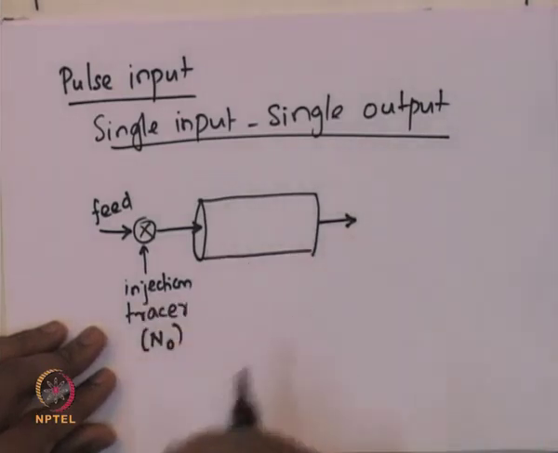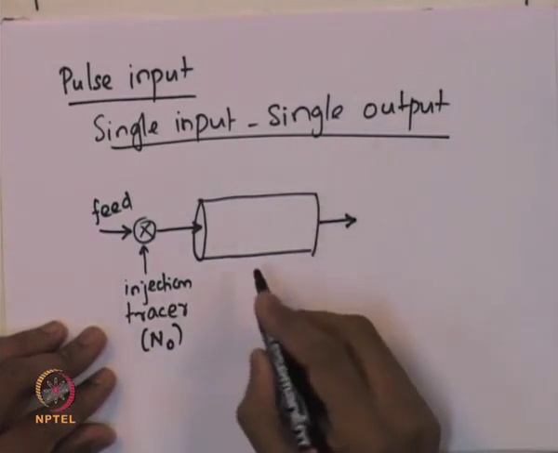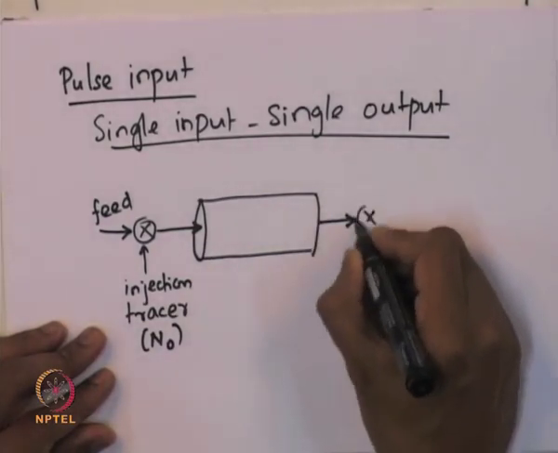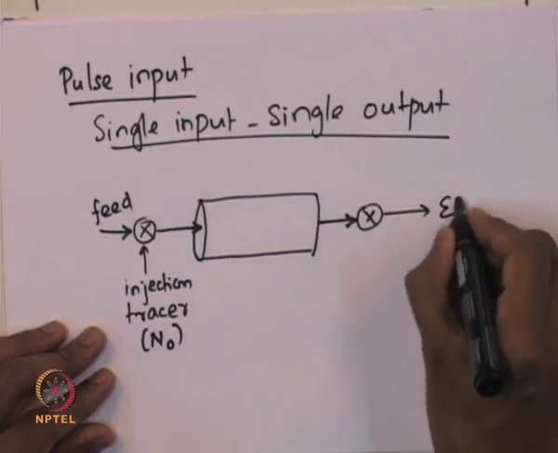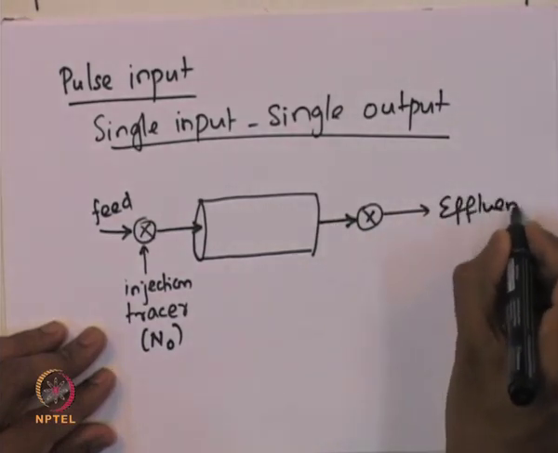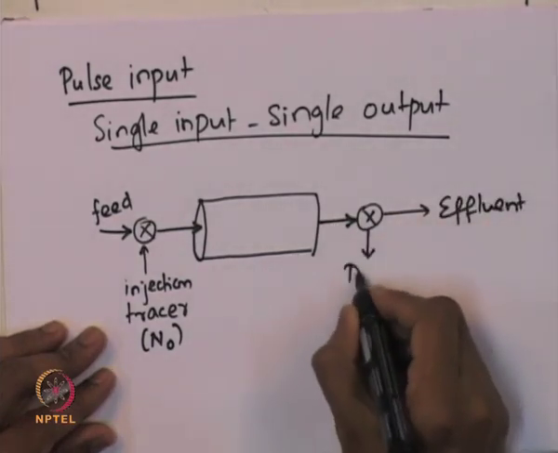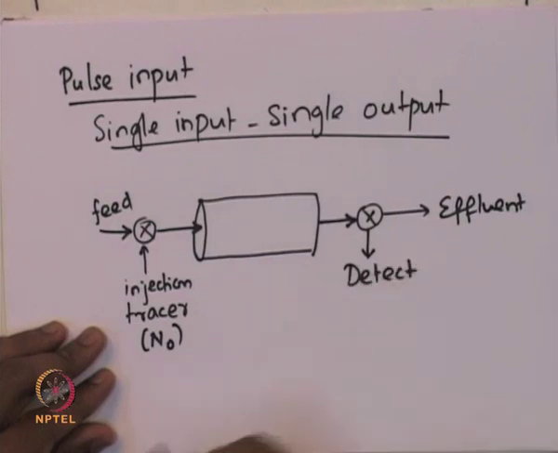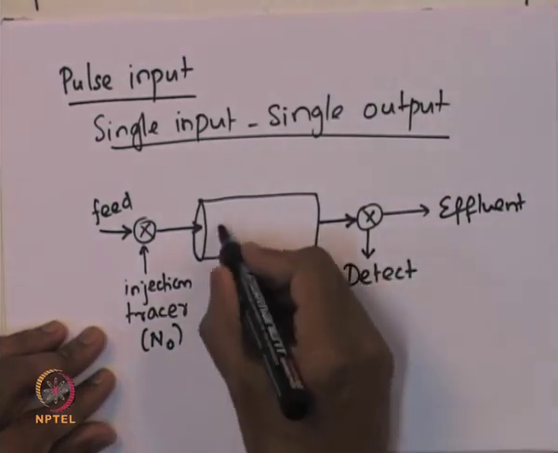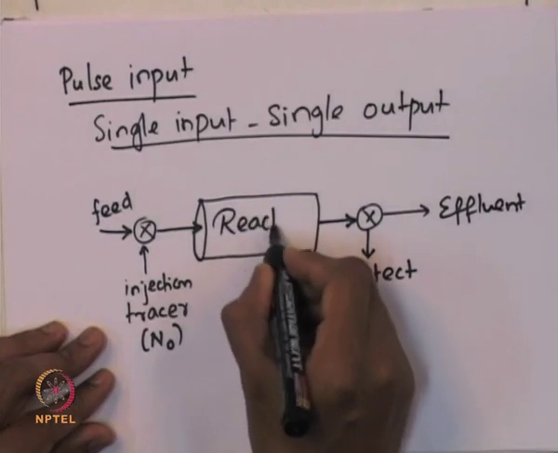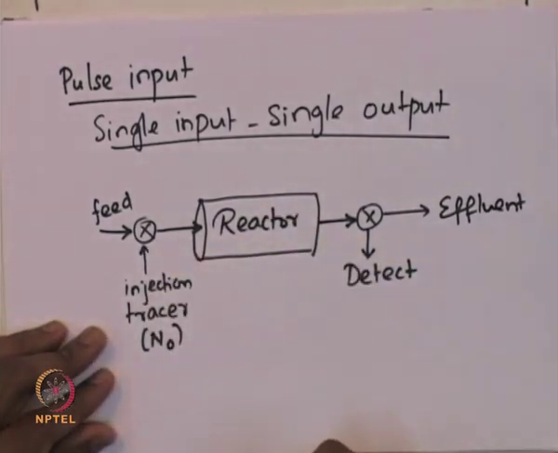We will describe in a short while what is meant by a pulse tracer injection. Suppose there is an effluent stream, and then we can detect the concentration of the tracer in the effluent. So, this is a reactor and it has a single input and a single output.